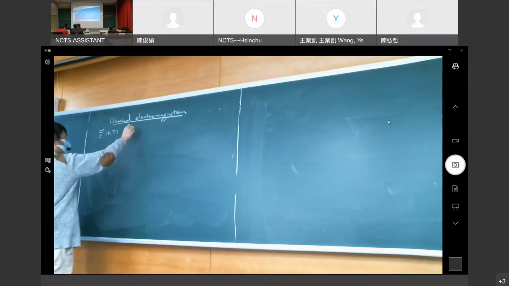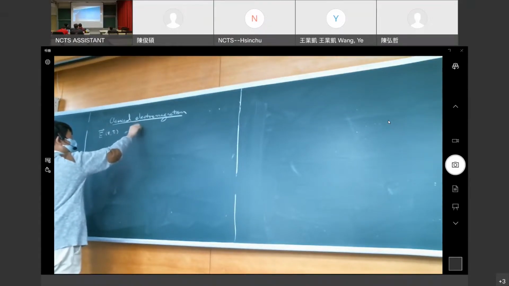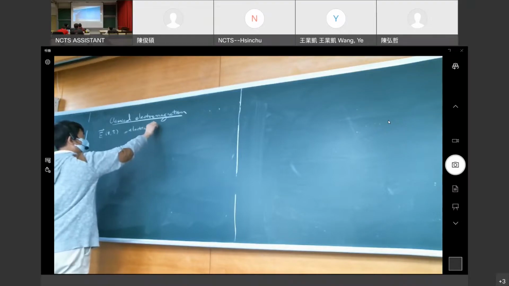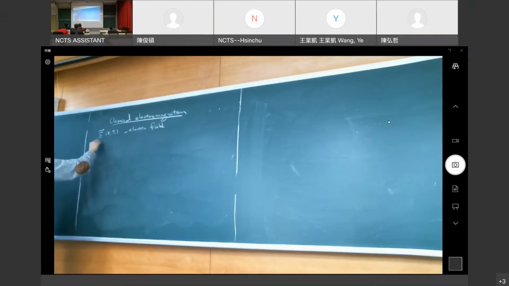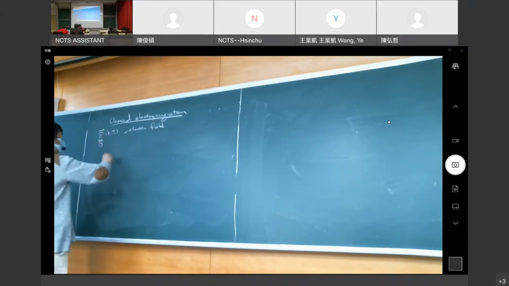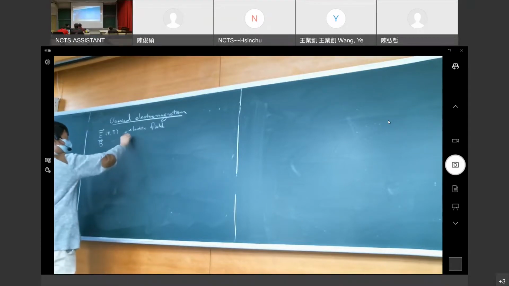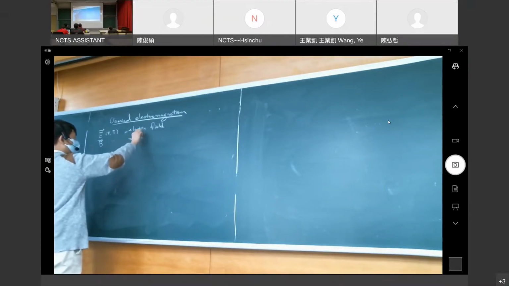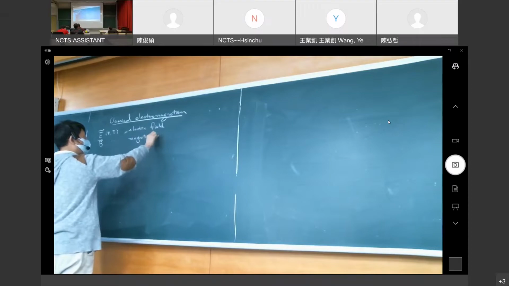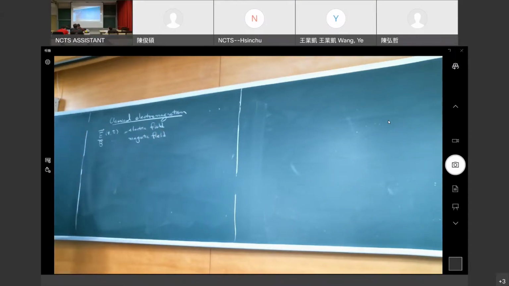This is the electric field, and there's also B, also a function on space-time. This is the magnetic field. These are the fields that are important, and then there are sources of the field.